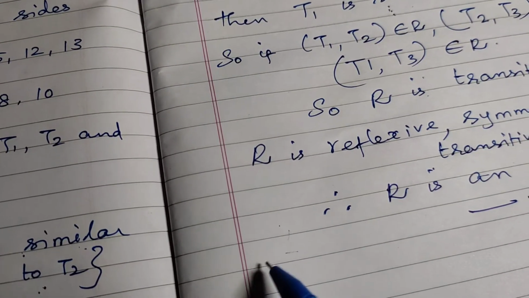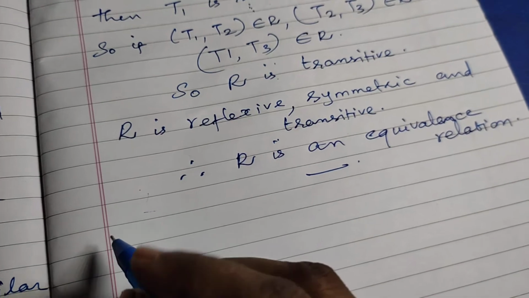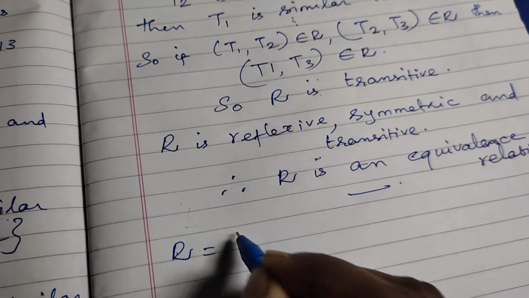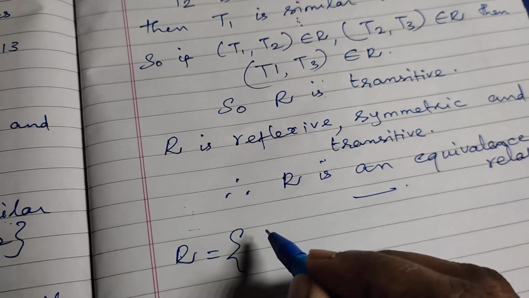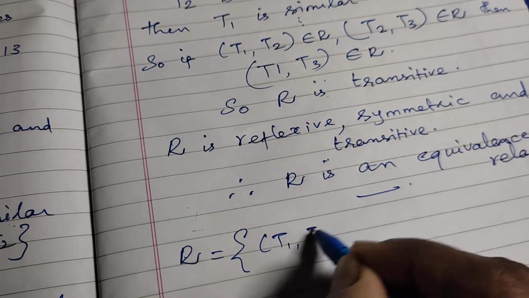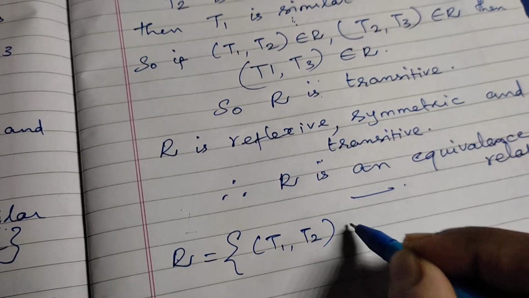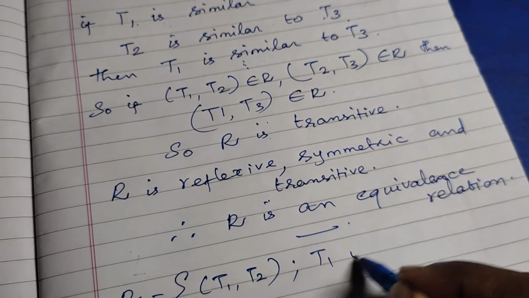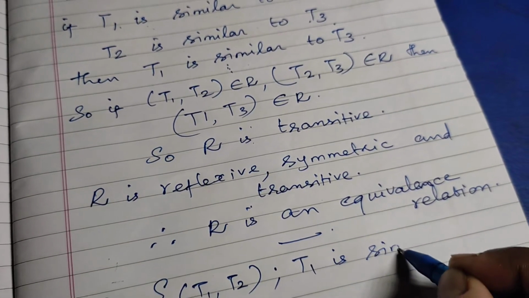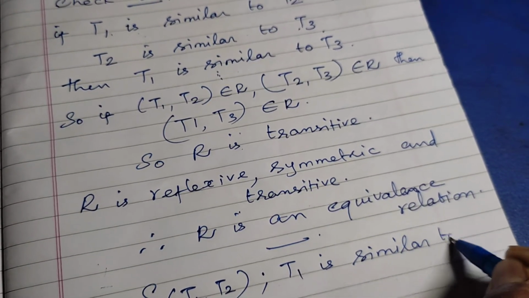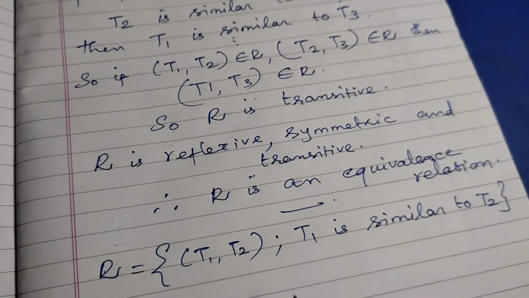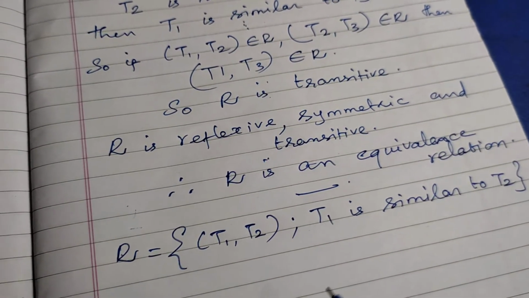Now the solution for the second part: the given relation R is defined as (T1, T2) such that T1 is similar to T2. This is the given relation here.